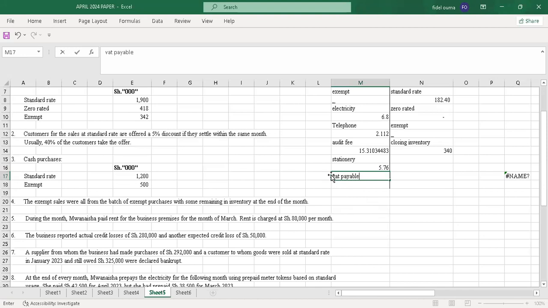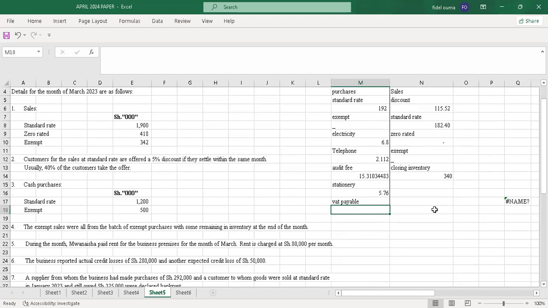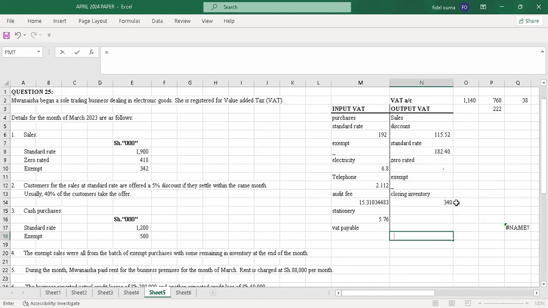So I'll write here VAT payable. Then I'll look at the amount. I'll sum this plus this plus this. So that will be the total, 637.92. So I'll also put it here.